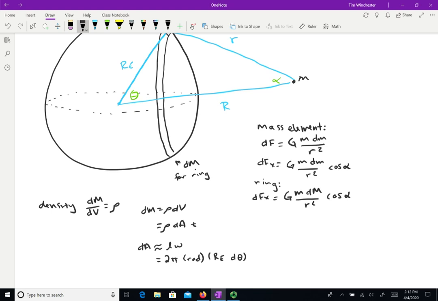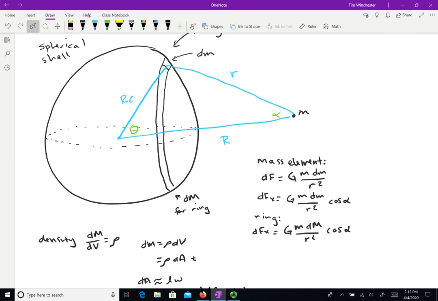Okay, so what is d theta? Well, theta is illustrated here, and d theta is basically the angle that is taken up by the ring. Let me sketch in d theta. Theta goes from there to there, so that angle here is d theta.